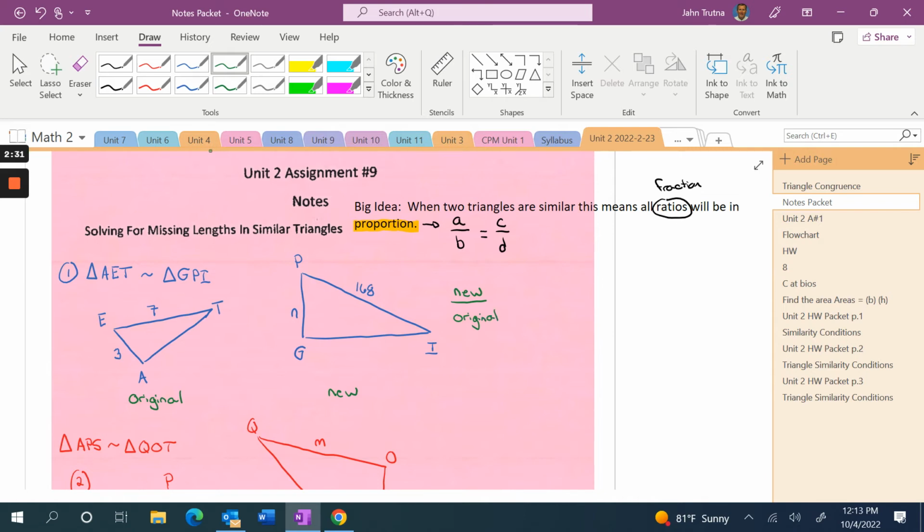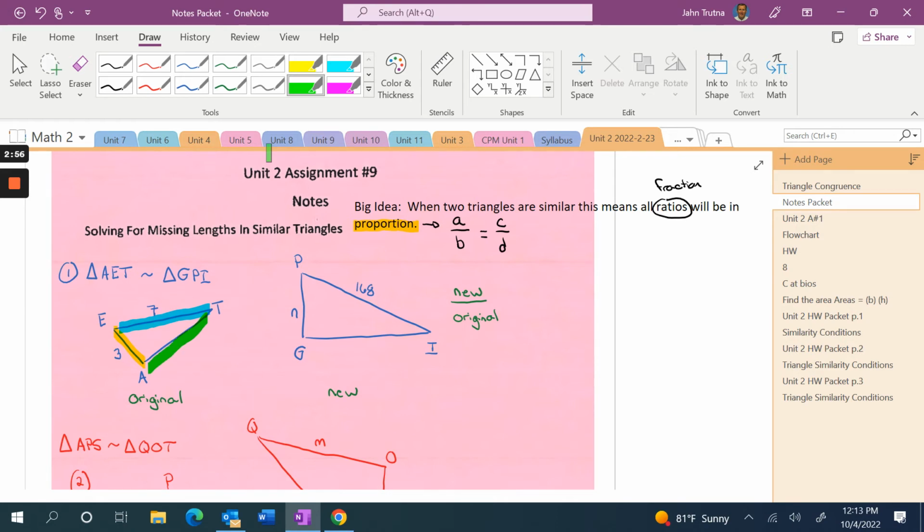Okay, so the first thing that we're going to do is we are going to write ratios. Because if you notice in number 1, it tells us that triangle AET is similar with triangle GPI. I'm going to color code the sides to make this easier.